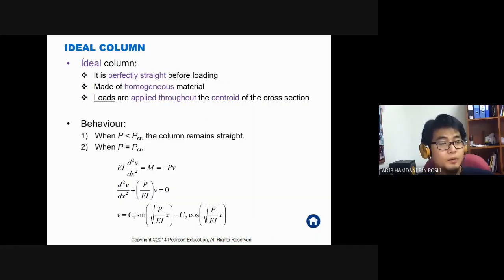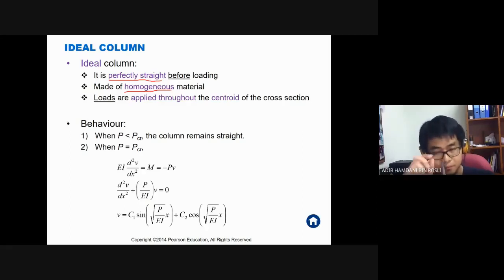Now let's go to the ideal column. The column is defined to be ideal. Of course, there is no ideal column in reality. But when we say that this column is ideal, we assume that it is perfectly straight before we load it. If you don't apply any axial load, it is perfectly straight. The second assumption is that it is made of homogeneous material. What does homogeneous material mean?